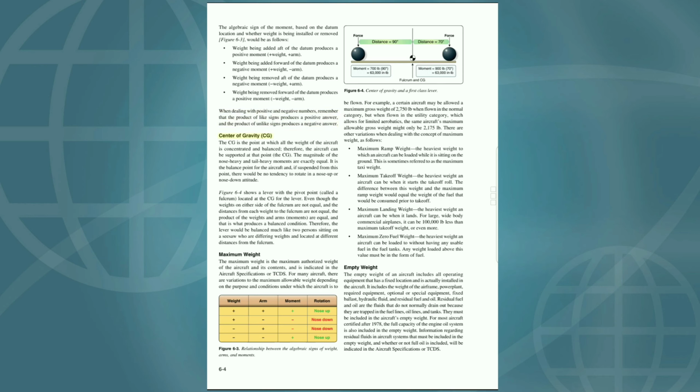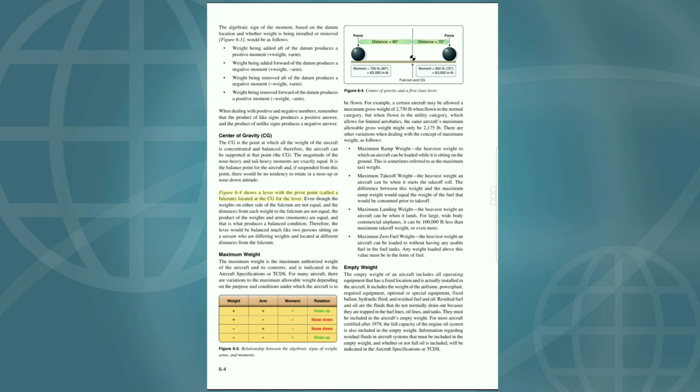Center of gravity, CG. The CG is the point at which all the weight of the aircraft is concentrated and balanced. Therefore, the aircraft can be supported at that point. At the CG, the magnitude of the nose-heavy and tail-heavy moments are exactly equal. It is the balance point for the aircraft and, if suspended from this point, there would be no tendency to rotate in a nose-up or nose-down attitude.